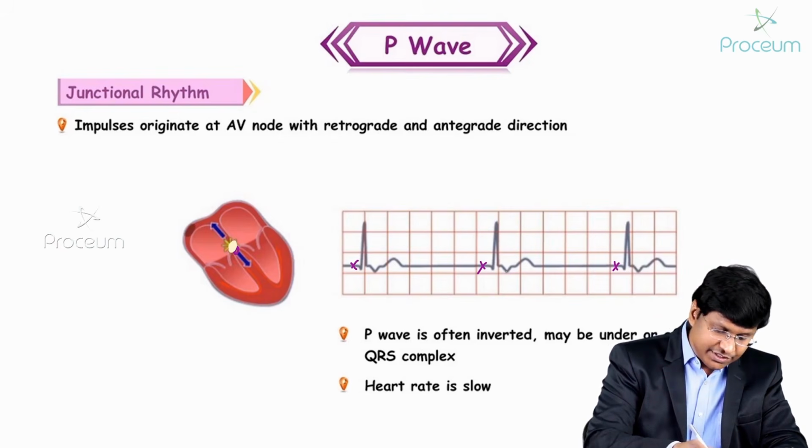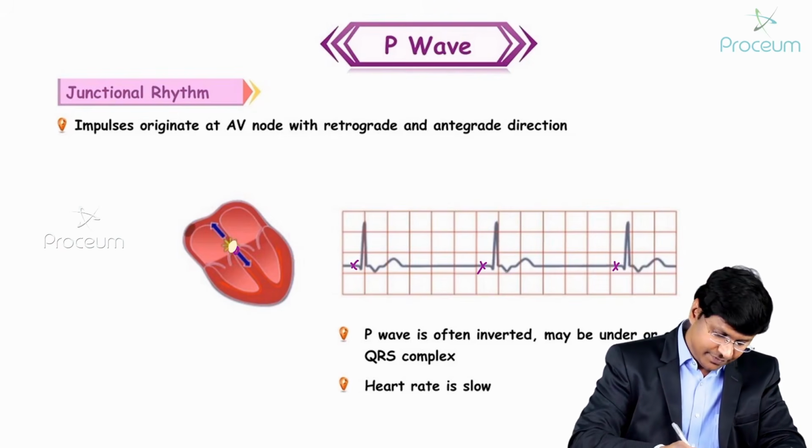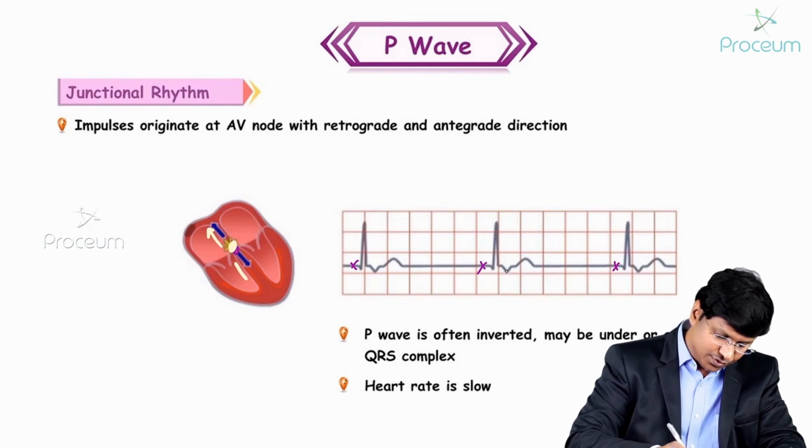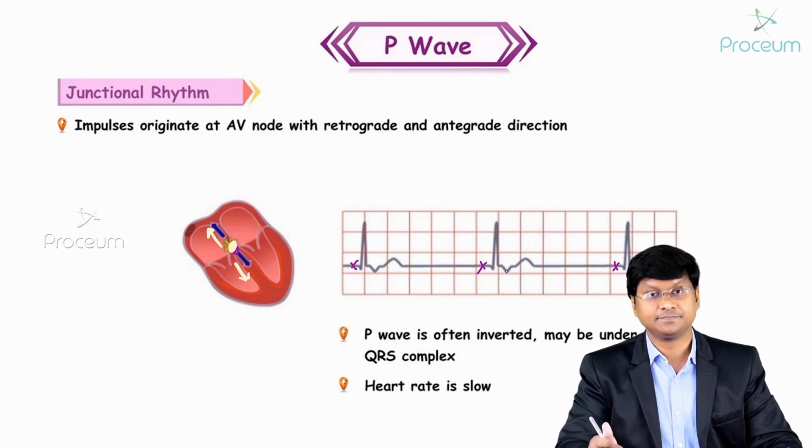So when the impulse originates at the AV node, it moves retrogradely and it moves anterogradely.